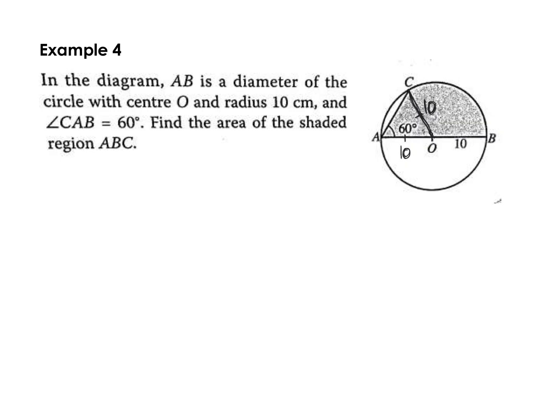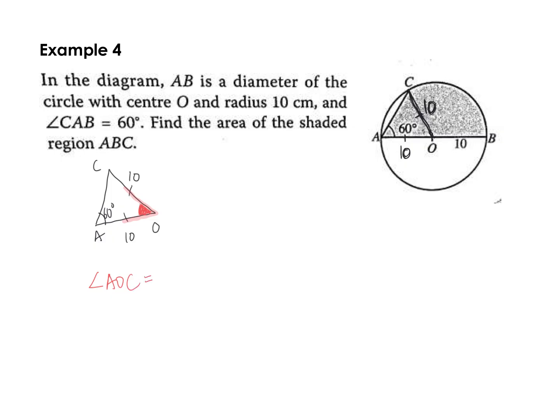So first part I can find easily. That's the area of the triangle. This is 10, 10, but this is 60. So remember, I need to have the included angle before I can find area. So I need to find that angle there. How to find AOC?